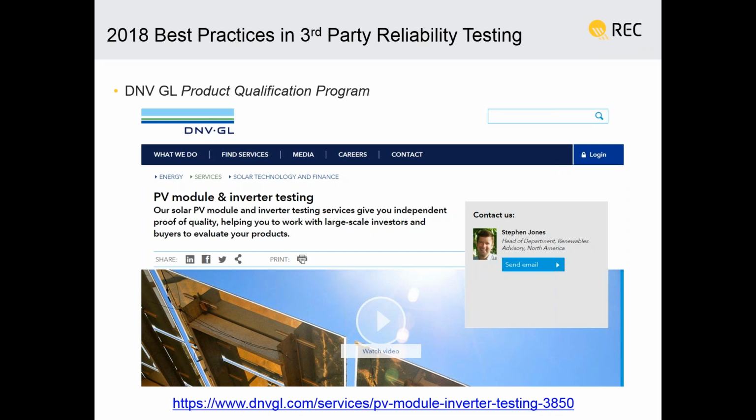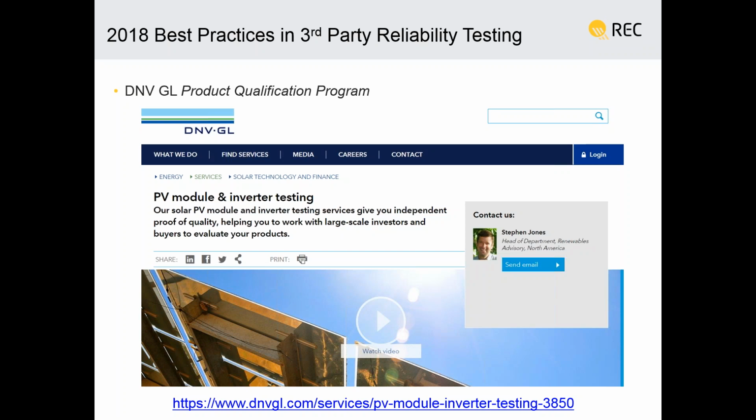Thanks, Kaylin. This is not intended to necessarily be a plug for DNVGL, although I do think they do a great job. DNVGL, if you hadn't seen the logo or heard of the acronym, is one of the highly regarded global independent engineers. So they have lines of business that are in other forms of energy and also other elements of engineering and manufacturing.